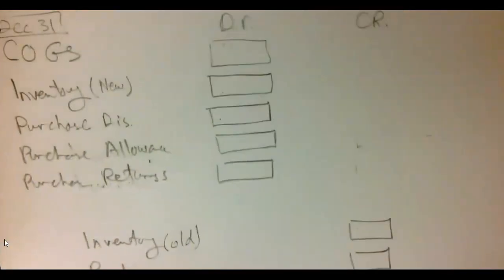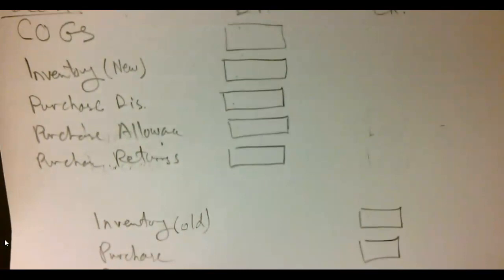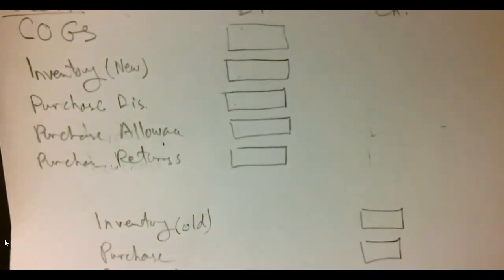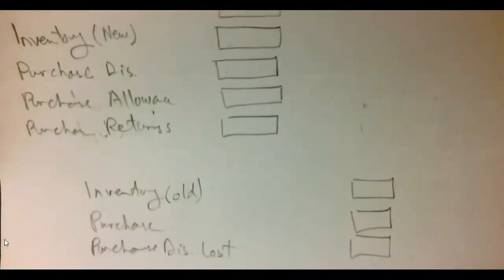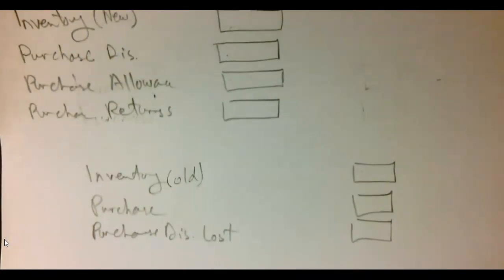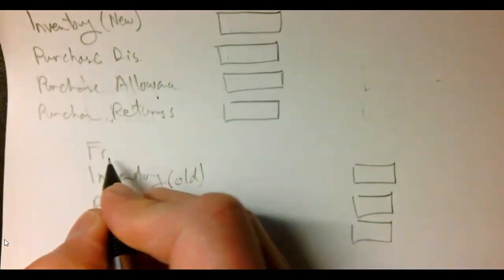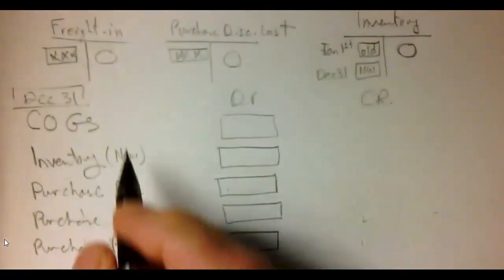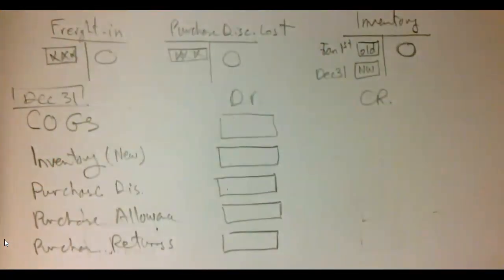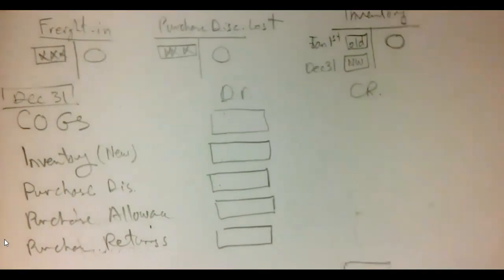So here, purchase discount loss will be credited, and freight in will be also credited. Okay.